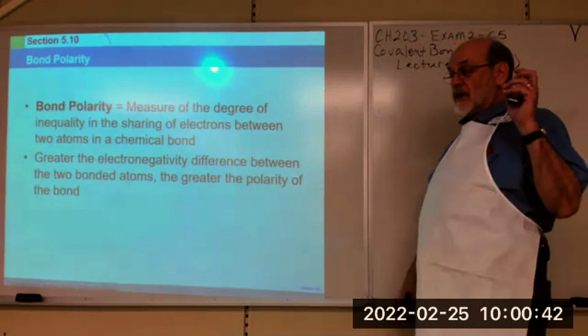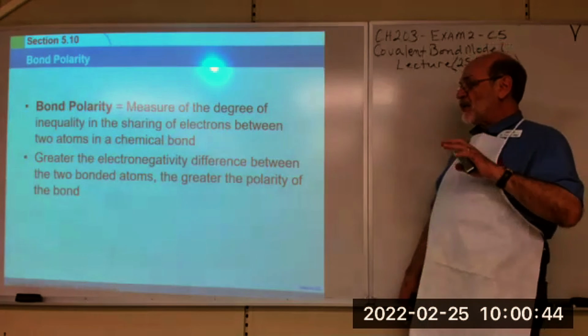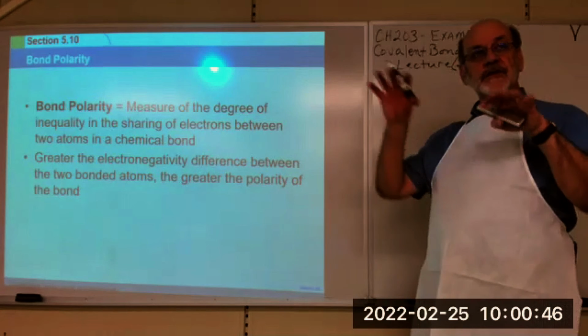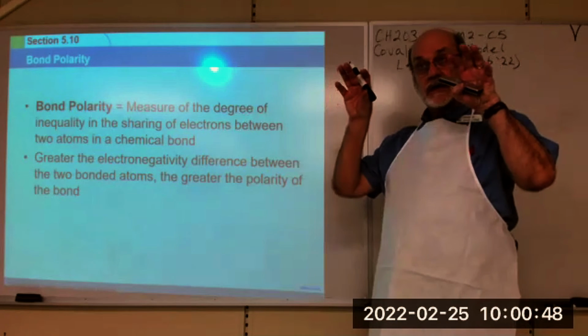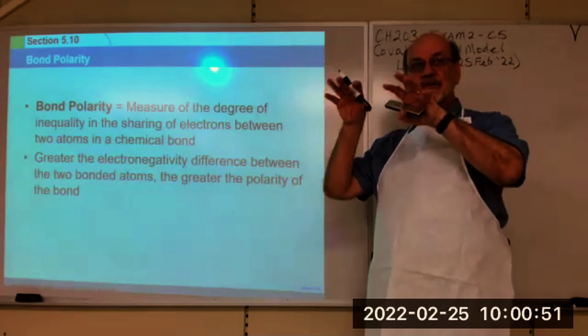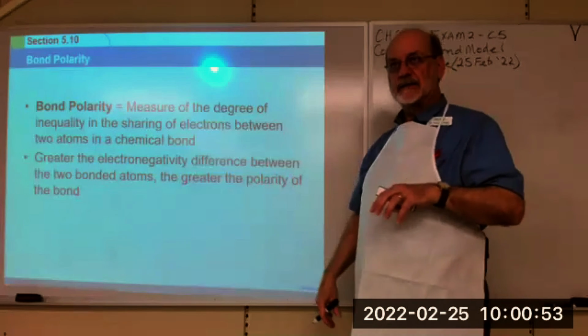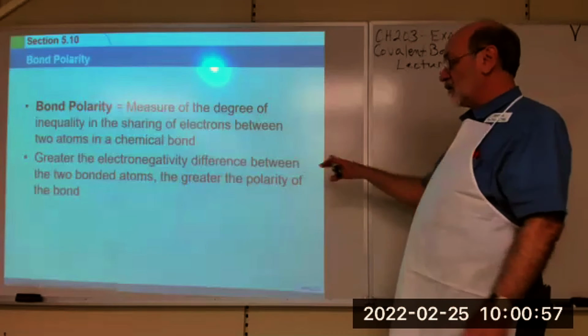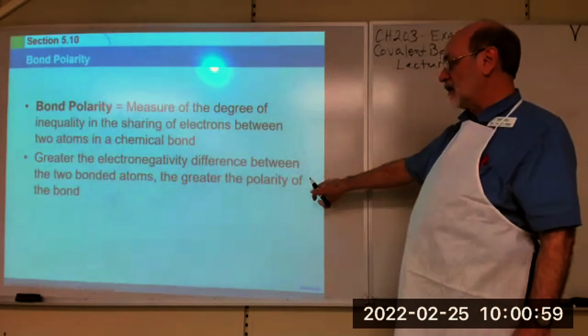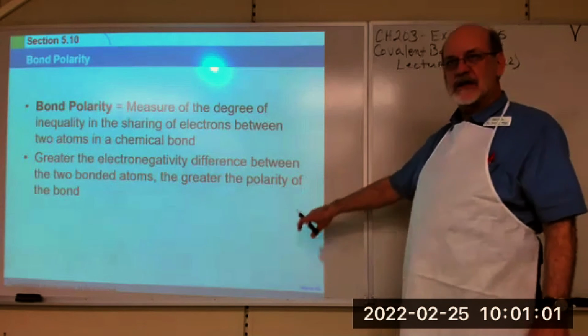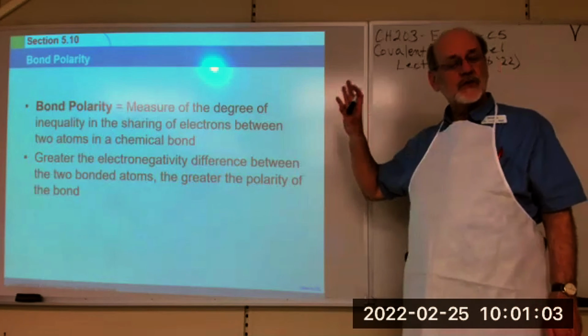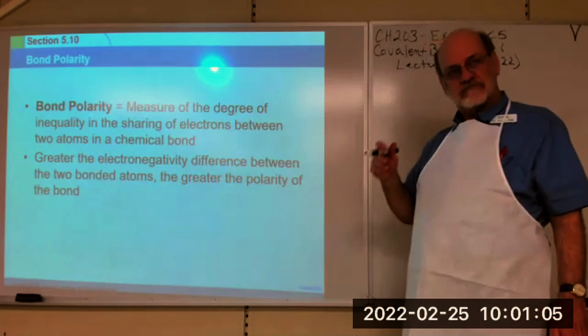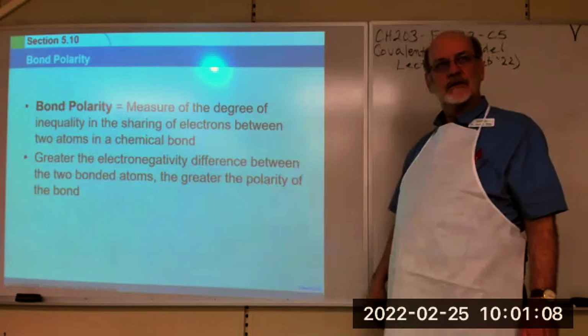So the concept of bond polarity depends upon the difference in electronegativities between the two atoms that are sharing that bond. The greater the difference in electronegativity, the more tendency toward polarity. And then we have to use those numbers to say whether we think it's polar or nonpolar.